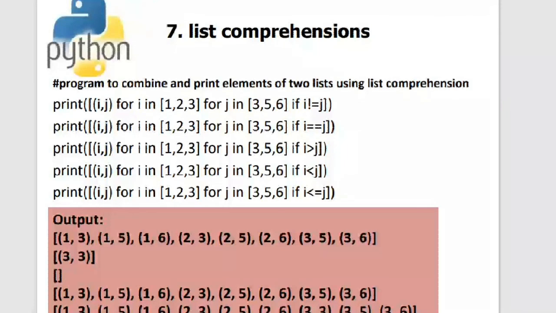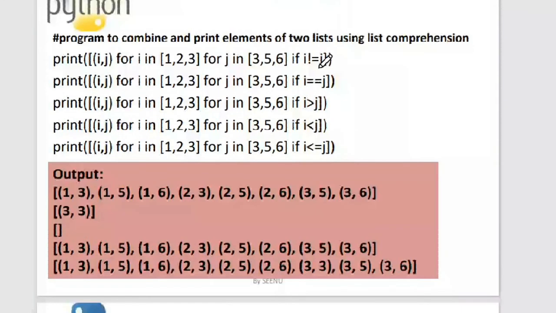Okay, so this is like a nested for loop. The outer loop is i and the inner loop is j. For the outer loop, the initial value is 1. For 1, the inner loop will execute 3 times, in combination with 1 and 3. Is it clear? This is like an inner loop and an outer loop.